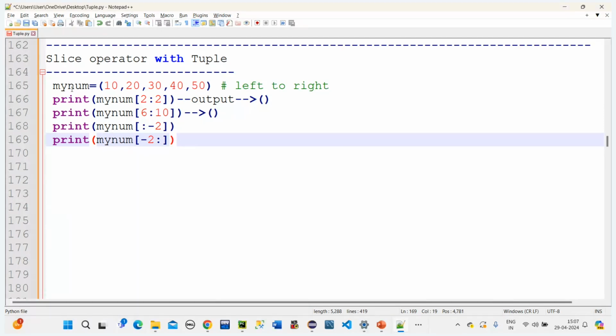Yeah, guess the output for this. This one means what? Same, this remaining same. 40.